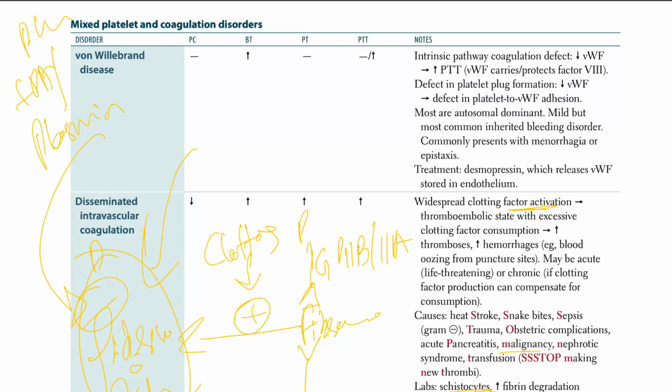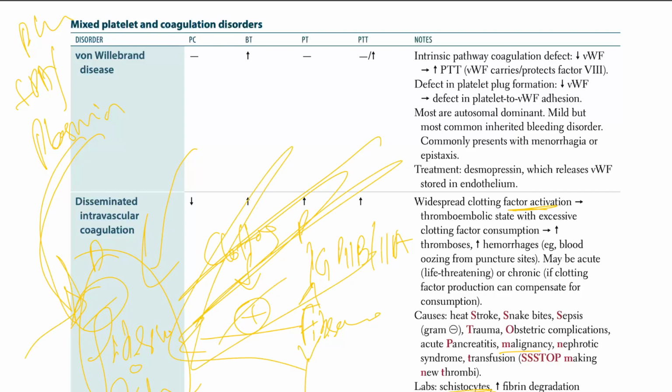So you're making so many, and you're destroying so many. When you are making so many, you are decreasing your factors, decreasing your platelets, right? But when you're destroying so many, you're increasing your fibrin degradation products, which are called the D-dimers. When you degrade this fibrin, it's a byproduct, which is called D-dimer.